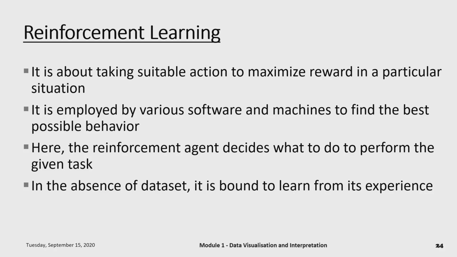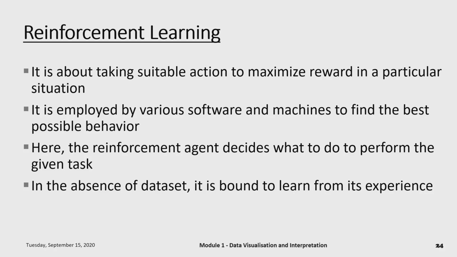What we are going to see is the action wherein a particular agent will be trying to find possible ways to reach his goal. It is employed by various software and machines to find the best possible behavior. The agent, which we call the reinforcement agent, decides what to do to perform the given task.